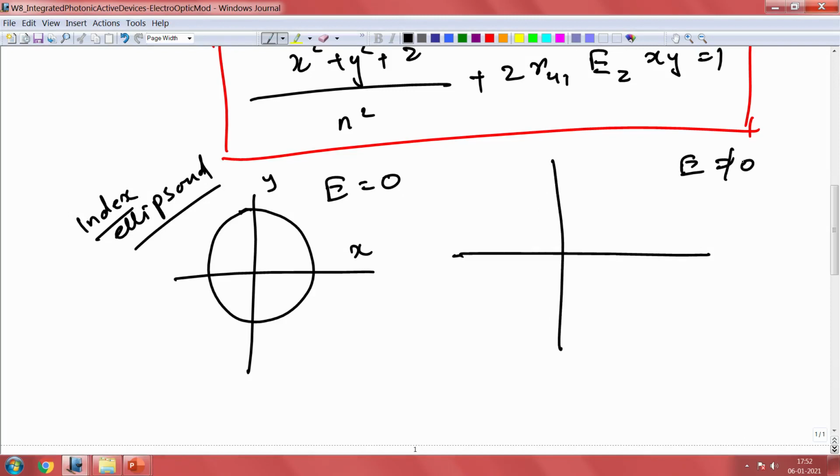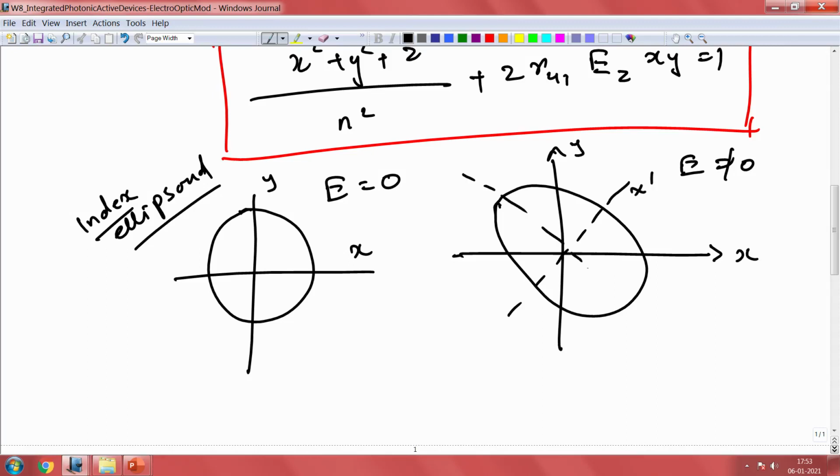When the field is non-zero, the circular one, or the equal refractive index that the light is seeing, equal interaction, is going to be skewed now. So, what you will see is an elliptical one with modified x and y. So, you have x and y here. So, you will have x dash and now you have y dash.